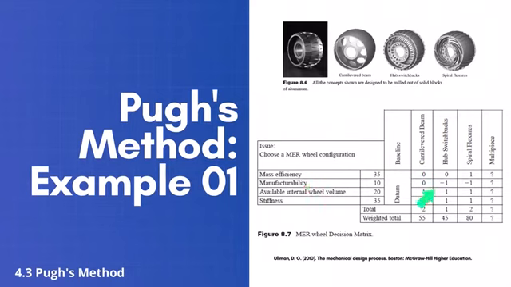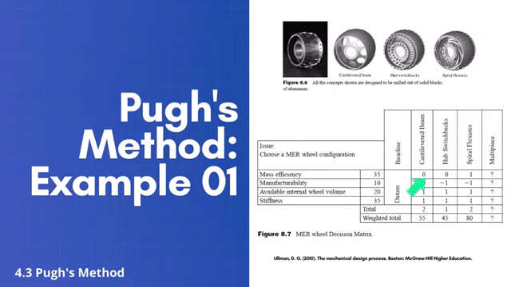Now, let us consider again the cantilever beam with respect to baseline in terms of available internal wheel volume. When we make the comparison, cantilever beam scores 1 compared to baseline. So the value of 1 here represents that the cantilever beam with respect to available internal wheel volume is much better than the baseline.